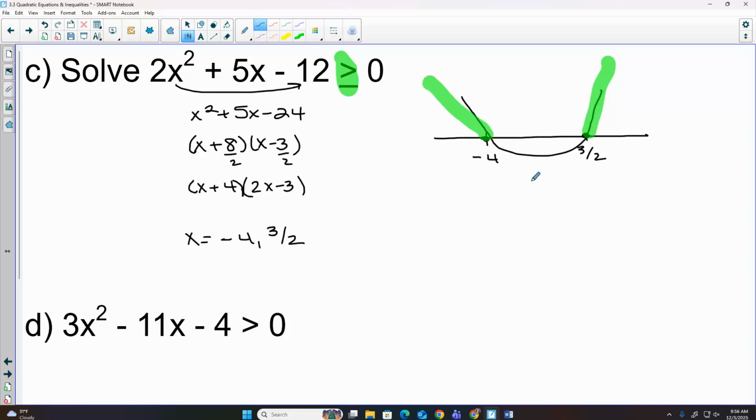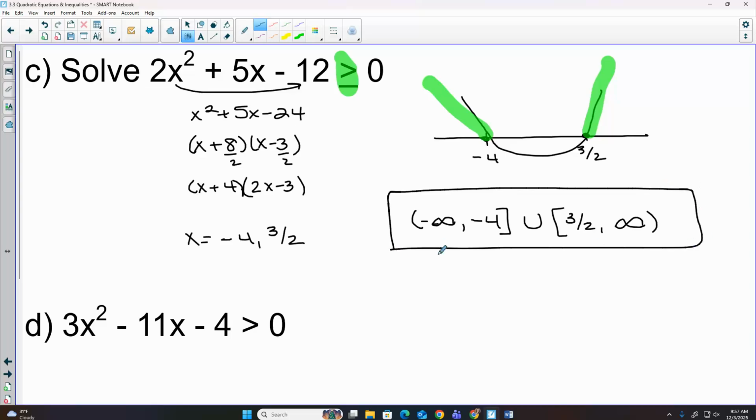So we have to write the interval for both. So this one's coming from negative infinity until negative 4. It had an equal to, so the negative 4 gets a bracket. Union, equal to, so bracket, 3 halves to infinity. Good.